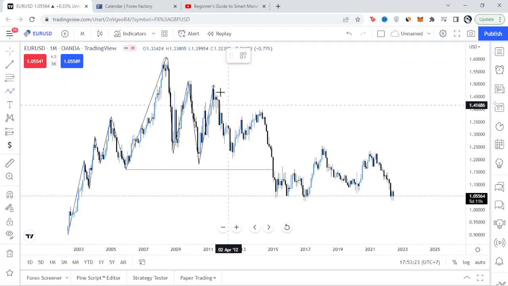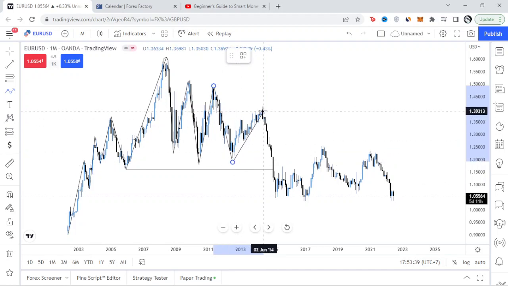So following the structure here, this lower low created a higher low here, because this low is quite higher than this one, and this higher low here created a lower high.